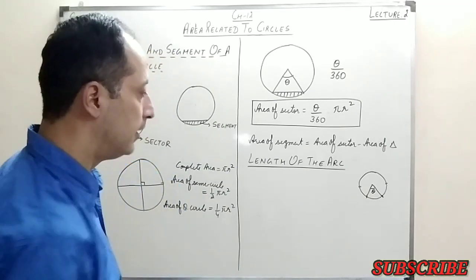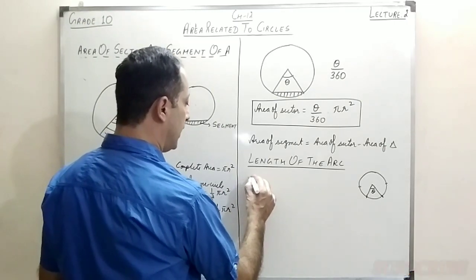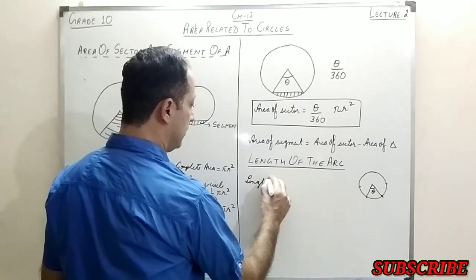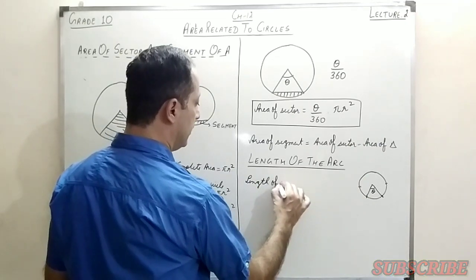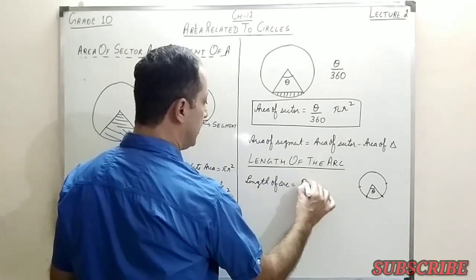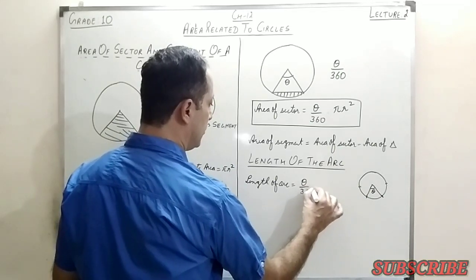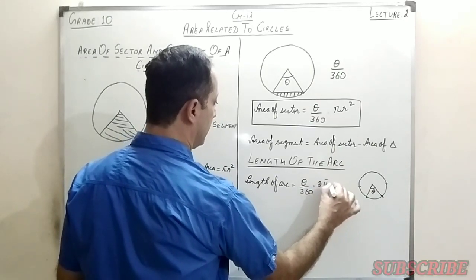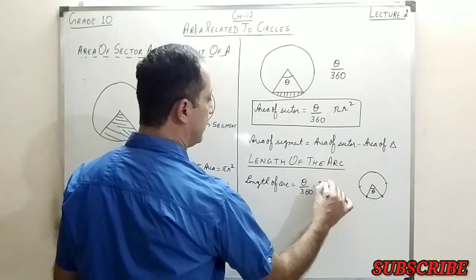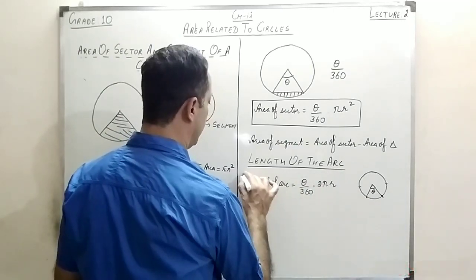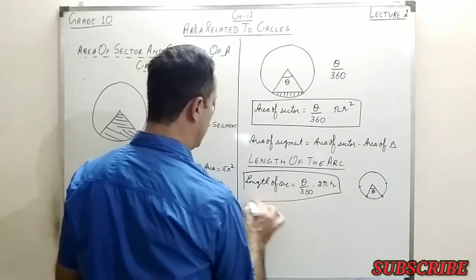So the length of arc is equal to theta by 360 into 2 pi r. This is the relation to find the length of the arc.